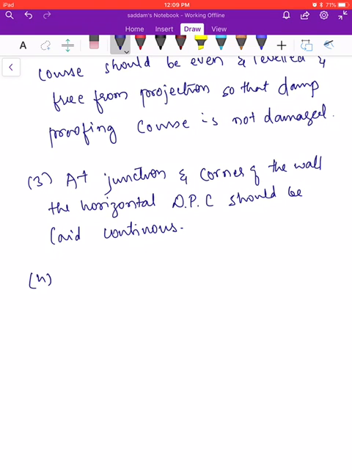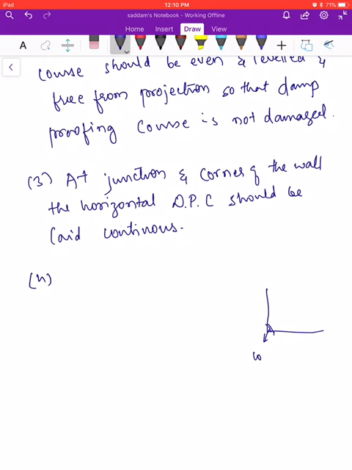The next point is, for example, when you want to move your DPC from horizontal to vertical surface, at the junction we have to provide a 75 mm concrete fillet.